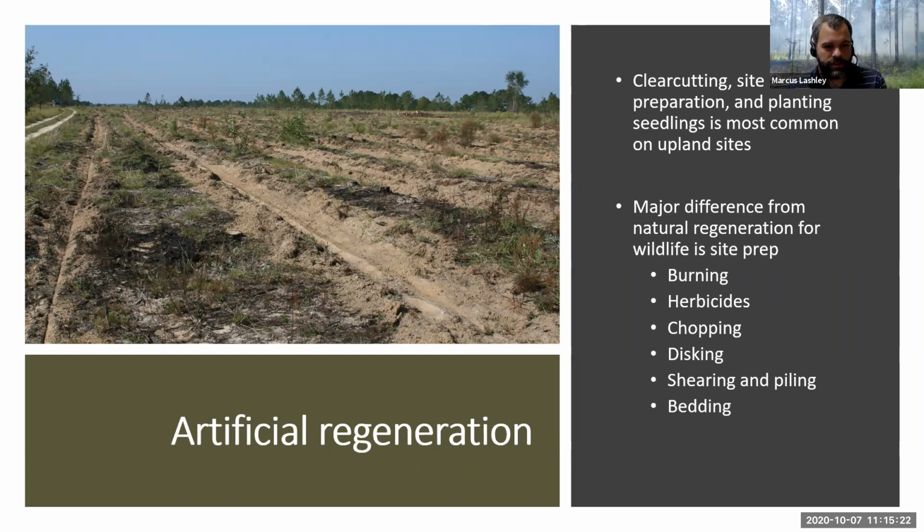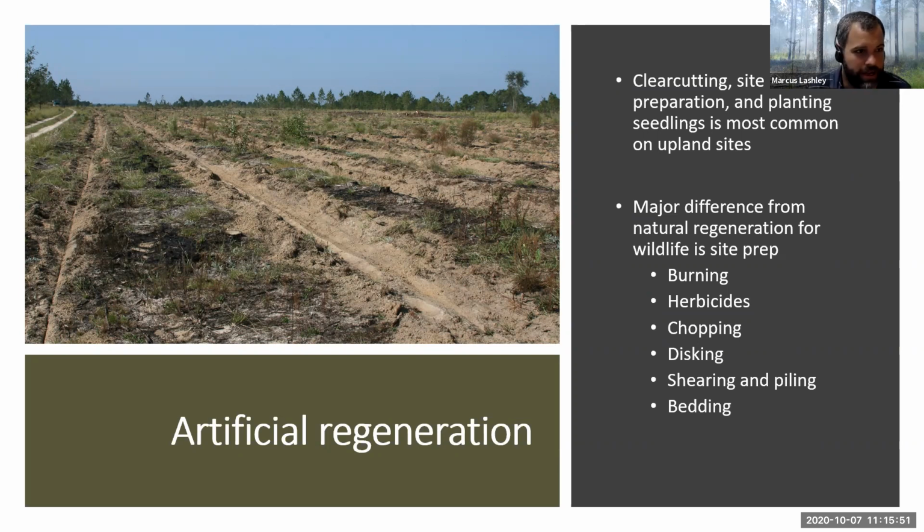I'm gonna show you some regeneration methods, and I'm gonna show you some timber stand improvement practices. The key difference there is a regeneration method is designed to regenerate a new forest. So the objective is to replace the forest that you're cutting down with a new forest. A timber stand improvement is designed to enhance the quality of timber that is existing.